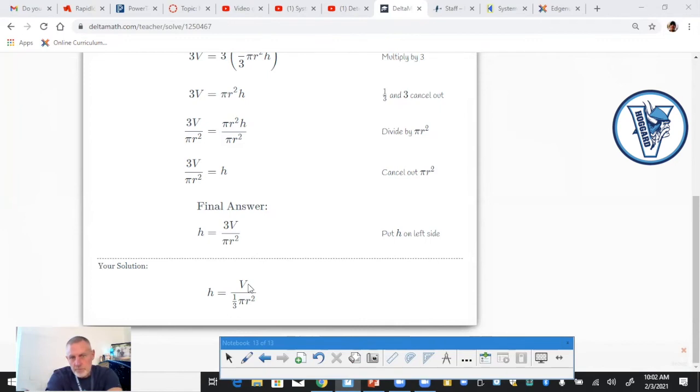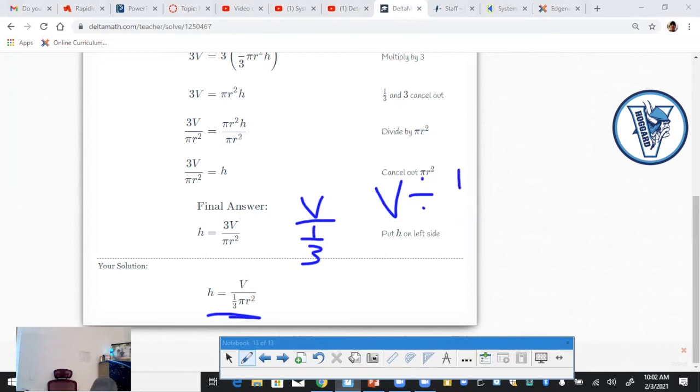And I just want to talk to you about why those are exactly the same thing. Okay? So v divided by 1/3, just that portion of this right here, is v divided by 1/3, which you of course could write like this. And when you were back in 7th and 8th grade, we were learning to divide fractions.